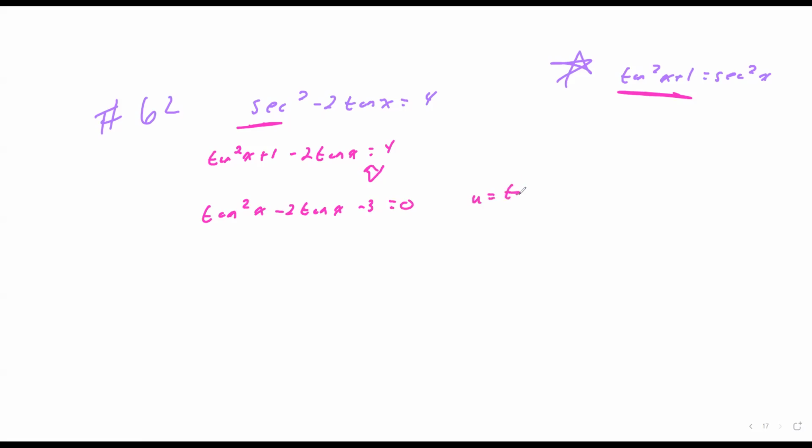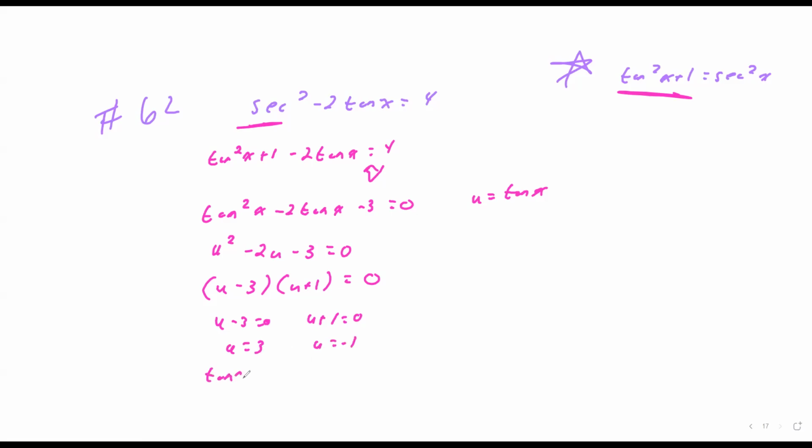Substitute tangent in for u. So I get u squared minus 2u minus 3. Two things that multiply to -3 has to be 3 and 1, and then this has to be negative, this has to be positive. So this would be u minus 3 equals 0, u plus 1 equals 0. So u equals 3, u equals -1.